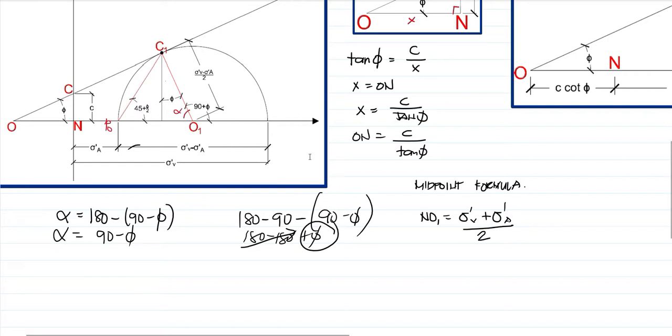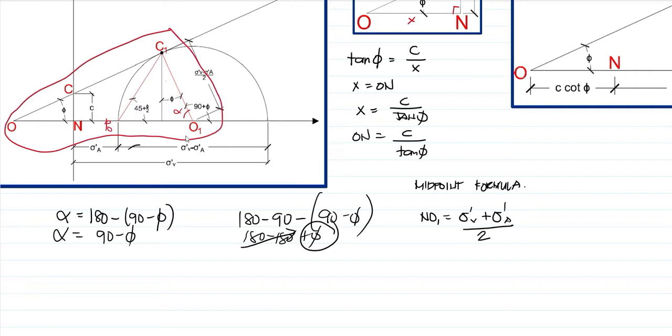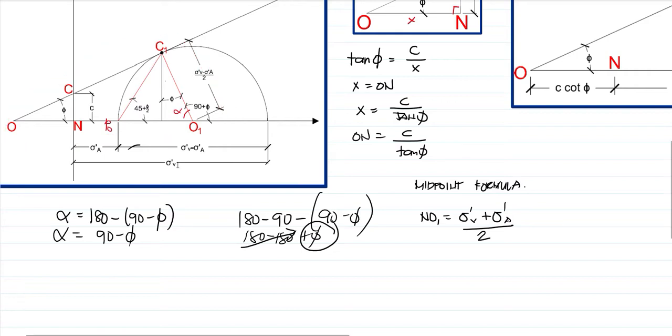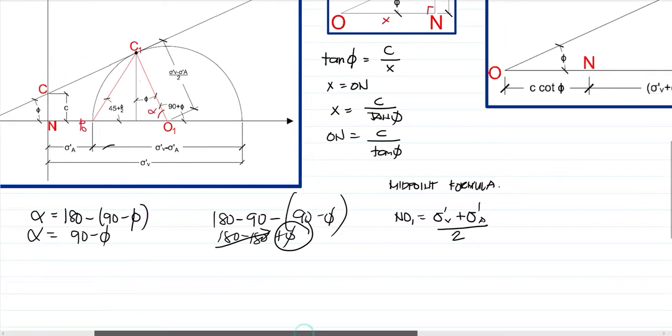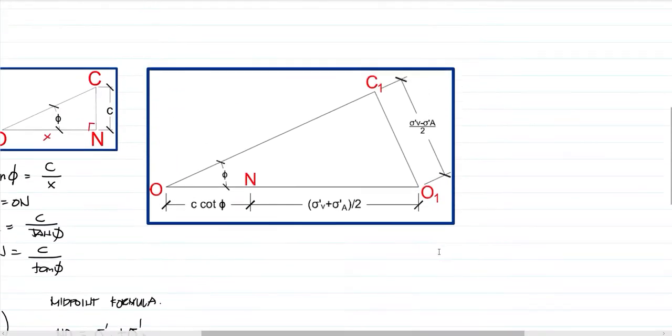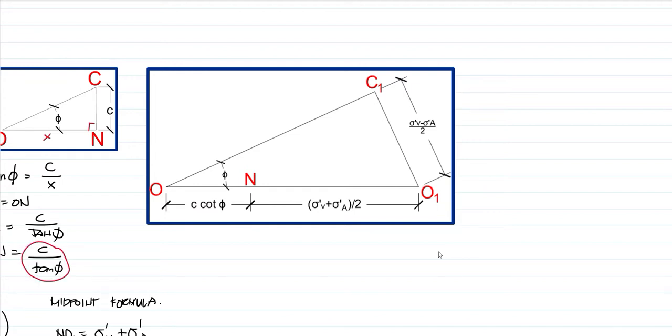Now we can get the bigger triangle, which is OC1O1, para ma-derive yung equation ng ating active earth condition. So, getting the triangle or having a picture of that triangle. So, ito siya. Ito na yung ON, which is C cotangent of phi, kasi C tangent of phi siya kanina, which is 1 over tangent phi is cotangent of phi.